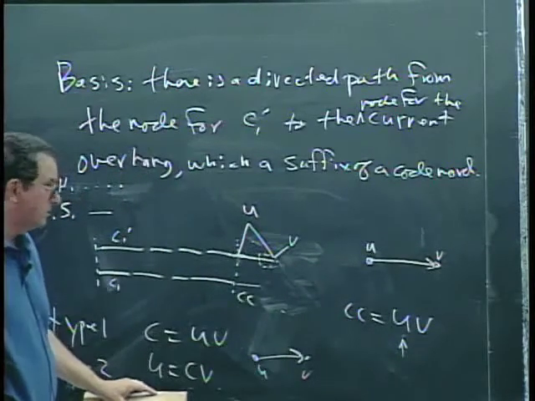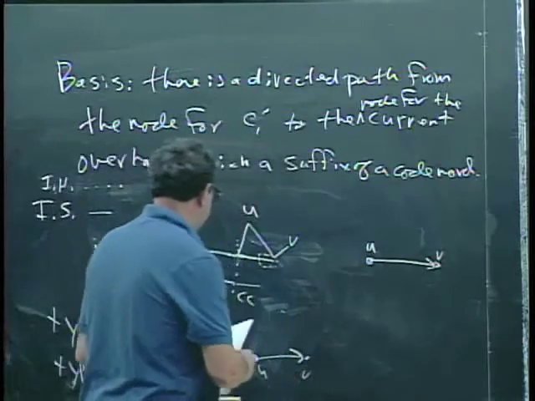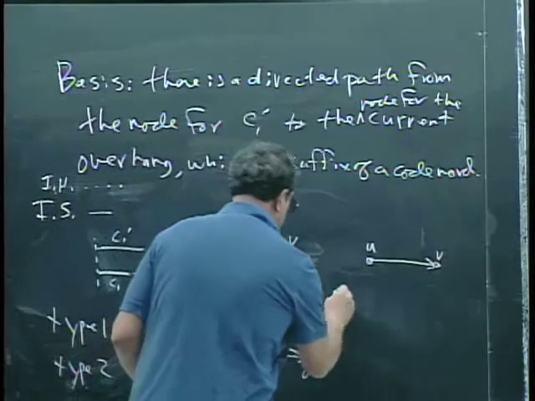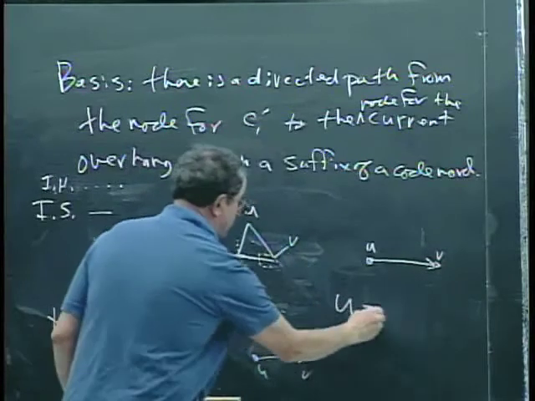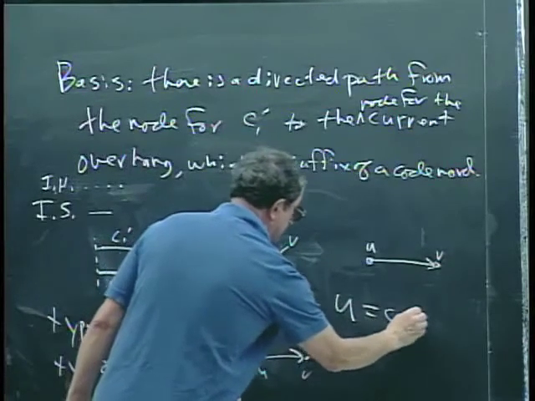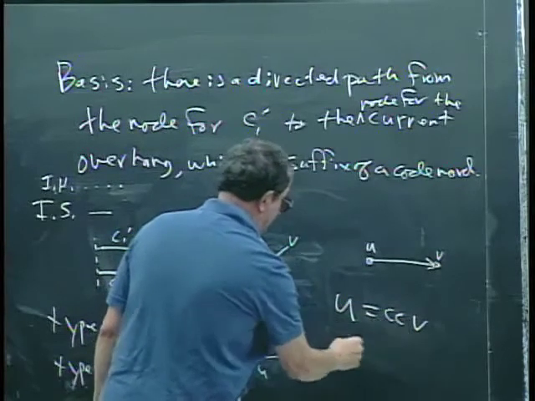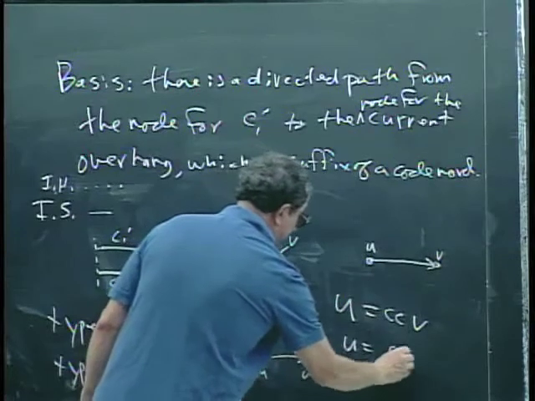Type 1 or type 2? Now this is a type 2 because what we have is that U is equal to CC V. This CC is a code word, so U is equal to CV.